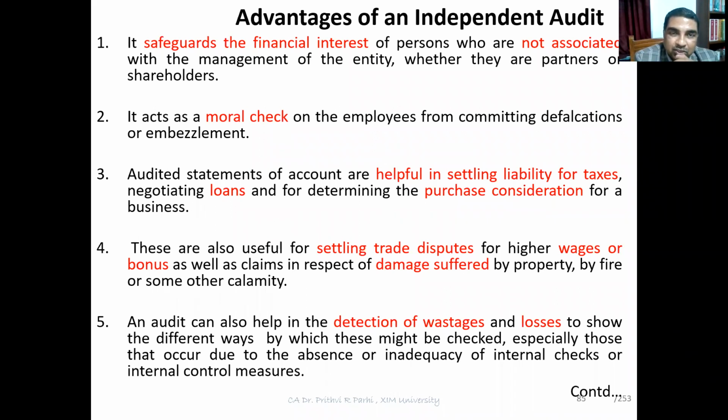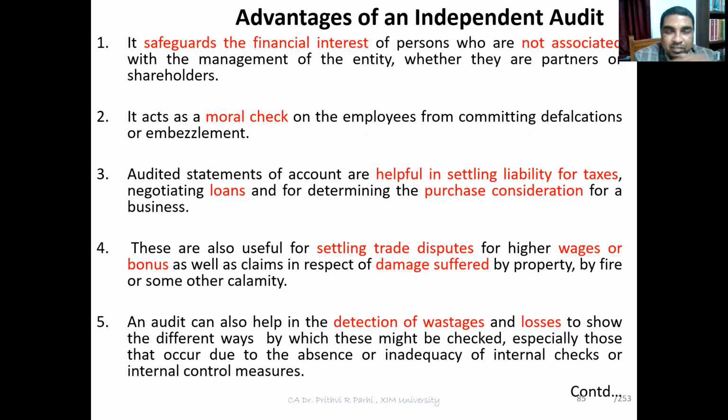So it acts as a moral check on the employees. The employee will not dare to commit any kind of defalcation or embezzlement, or any fraud, because they get a message that all these transactions are going to be verified and checked.